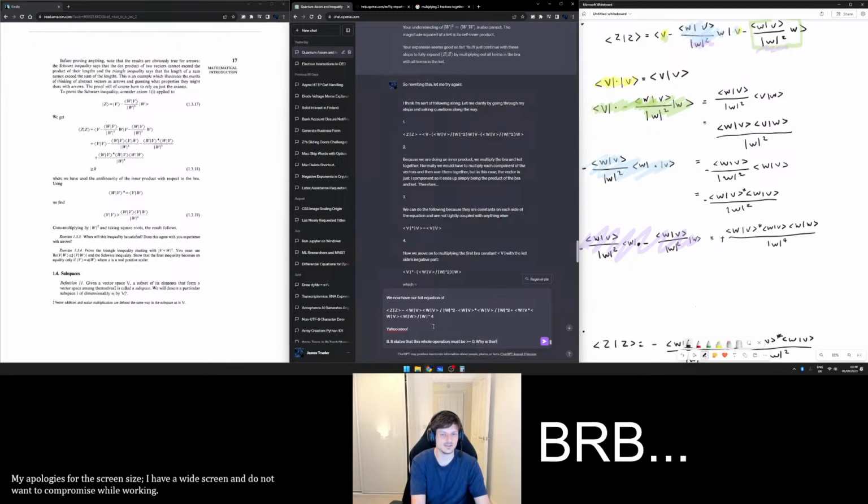Why is this? Why does it have to be greater than or equal to 0? Because the whole point of inner products is that the whole operation must be greater than or equal to 0, because we are working with inner products.